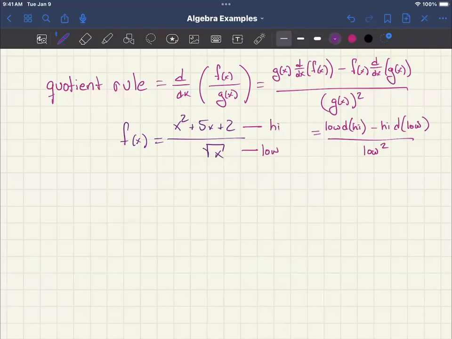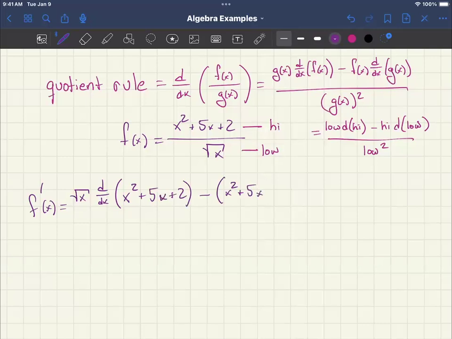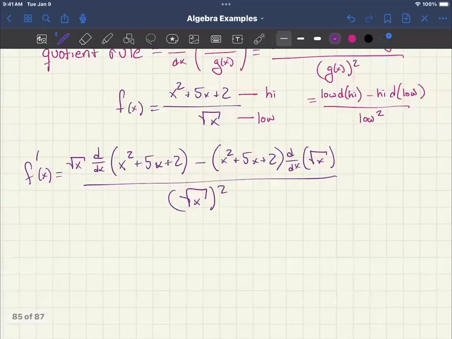All right, let's apply this. We are going to have square root of x times f prime of x. We're taking our derivative here, d dx of our high, is 2x plus 5. Minus, leave the top alone, derivative of our square root of x, divided by the square root of x squared.